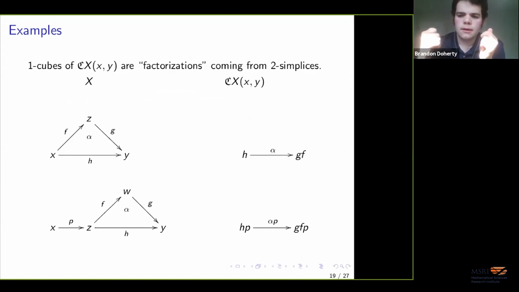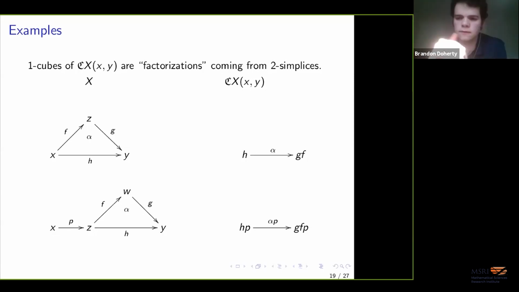So now the 1-cubes of these cubical mapping spaces, we think of them as witnessing factorizations of edges which come from 2-simplices in the original simplicial set. Say we've got a 2-simplex, as I've illustrated here, where the composite edge is h and the two outer edges are f and g.